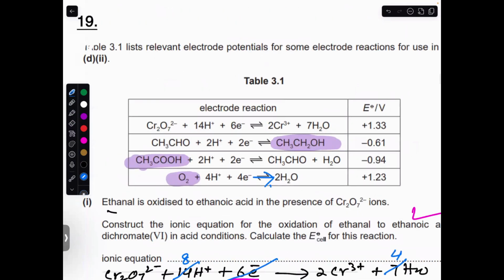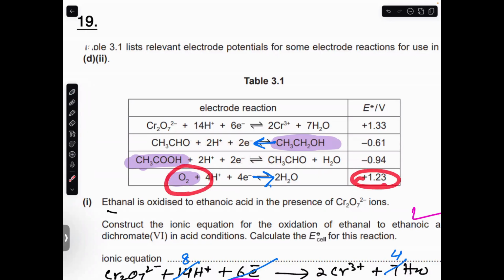The oxygen is oxidizing ethanol. Look, first ethanol will become ethanal and then further ethanal to ethanoic acid. The oxygen with 1.23 is a strong oxidizing agent.